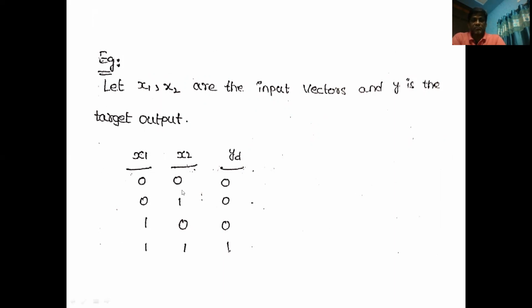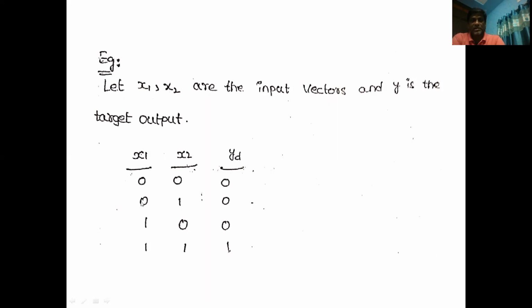Let us say we are going to use the truth table of an AND gate. That means we are going to simulate the behavior of an AND gate by designing a neural network to identify the desired responses when we submit these inputs. If the input vector given to the neural network is 0, 0, then the desired response should be 0.